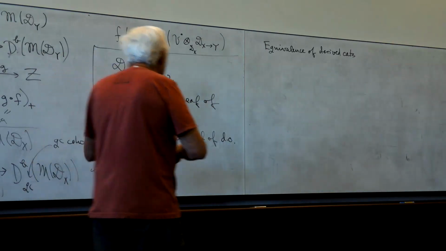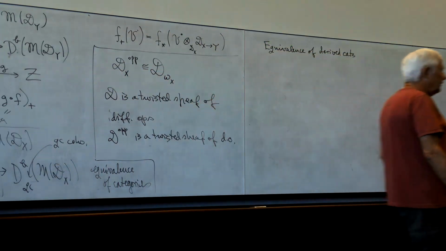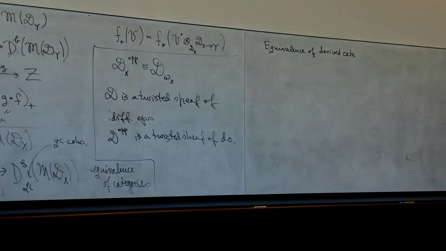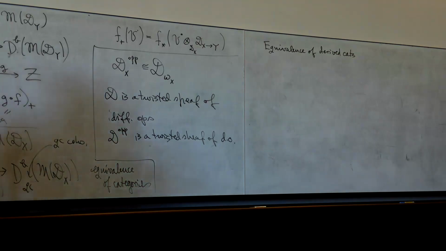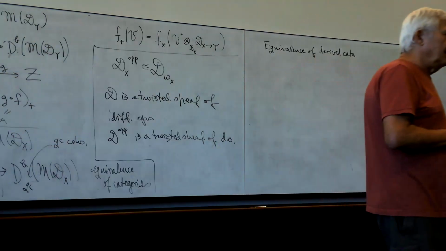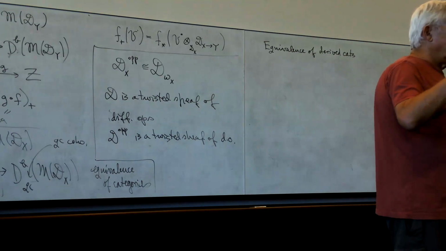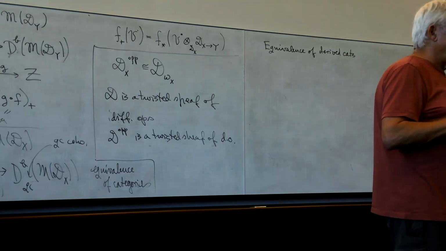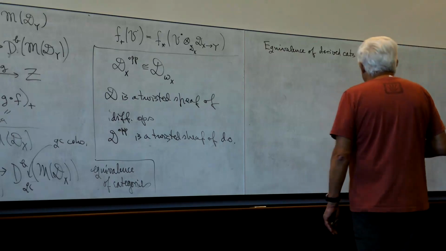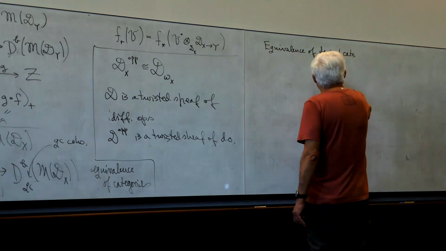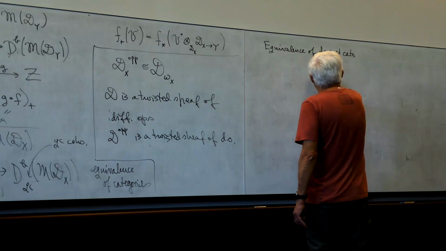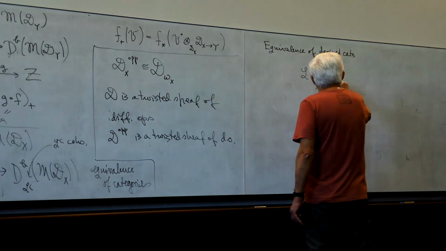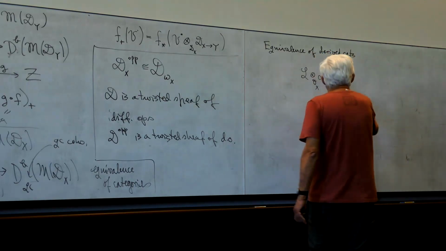So if you have constructed it for twisted sheaves, then you don't care about left and right. One has to be careful how to define this twisted sheaf and so on. You usually do something like this: you take D tensor with a line bundle over O_X, and this is right.